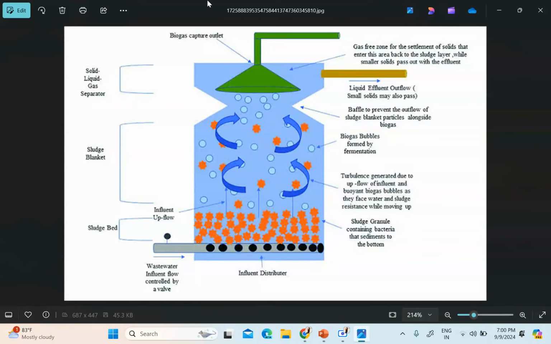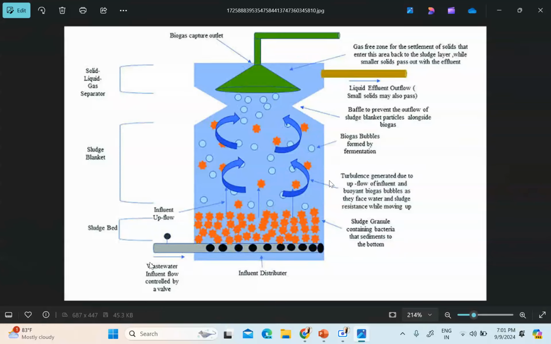Here you can see the wastewater flowing from the bottom. In the other systems, the process normally goes horizontally or coming down, mostly at the same level.